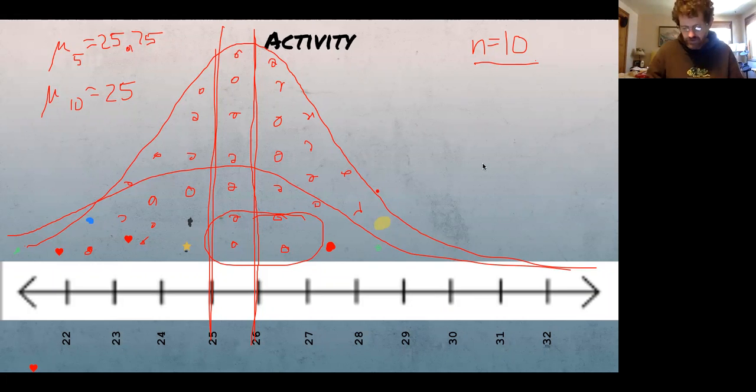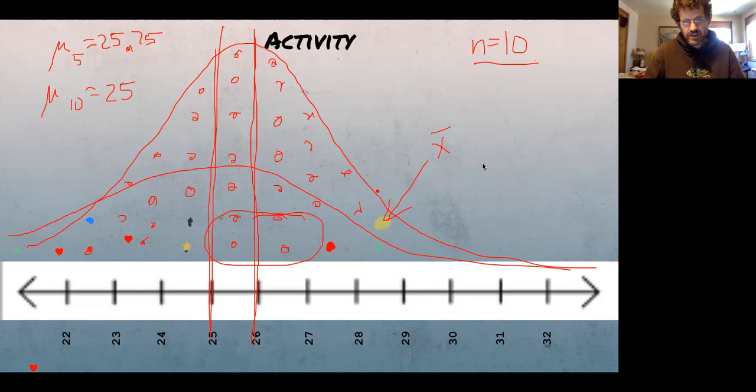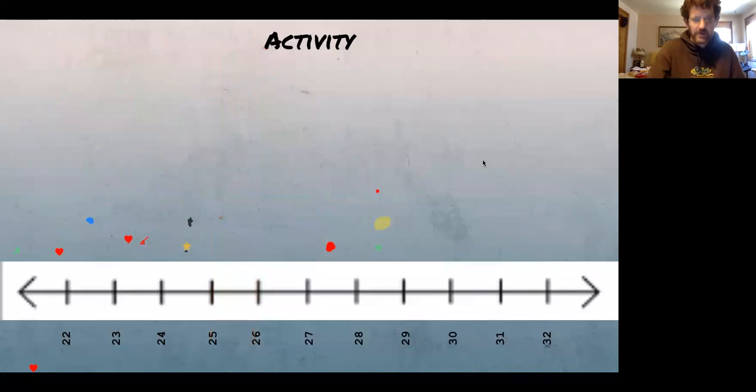But again, just to drive this point home even further, this dot represents 10 different people selected from the population. So we had a sample size of 10, and we got the sample mean from those 10 randomly selected people in the population. Each dot represents a sample mean. All right, let me erase all this and let's move forward, and we'll kind of debrief on what all this means.